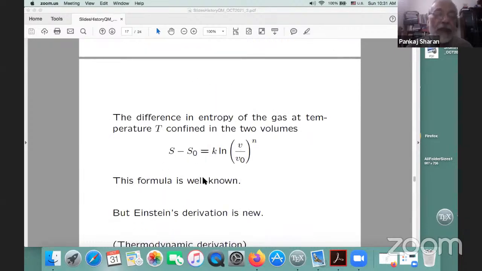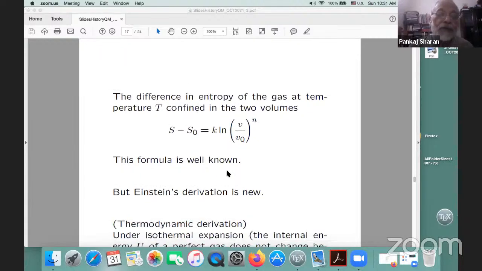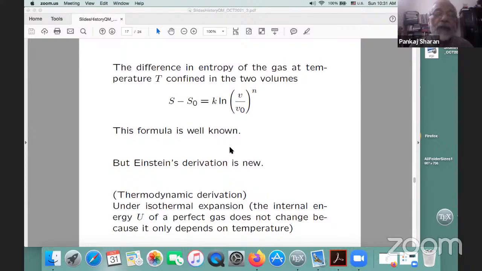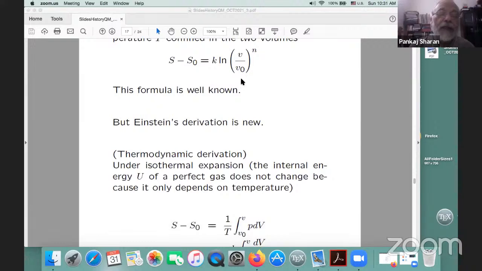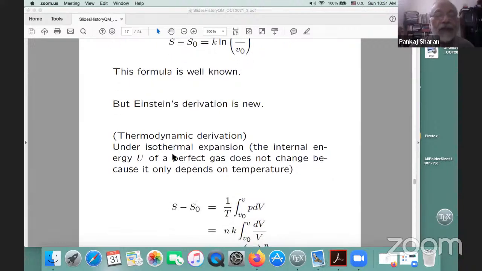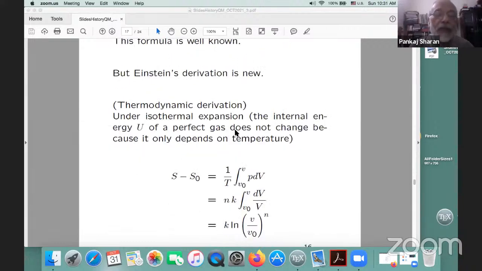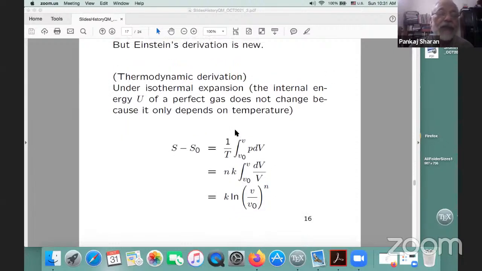This formula is well known, and let me also tell you, because it's something which we must feel, people don't usually write this kind of a formula. So Einstein's derivation is new, but then you look at this simple derivation which is there in thermodynamics, and everybody knows that, even students in high school would know that.